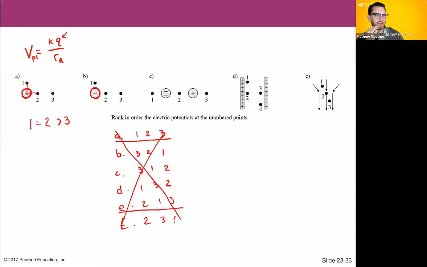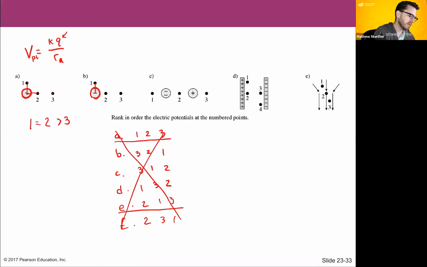Okay, good. I'm getting a lot of 3 is greater than 2 is equal to 1. Okay, good. So let's convince ourselves that that's right. Again, using that formula we have up in the top left, now we have a negative charge. So the closer I am to the object, the more negative my electric potential is.